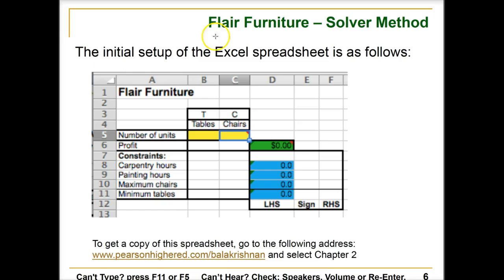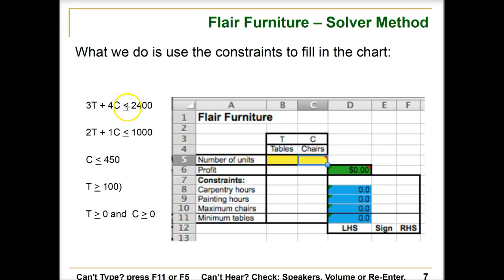So if we set this up, we see that we have our carpentry hours, painting hours, maximum number of chairs, that constraint, and the minimum number. And again, to make sure that our answers are non-negative, we will address that when we go into the Excel solver feature. All right, so we know what all of our constraints are now.